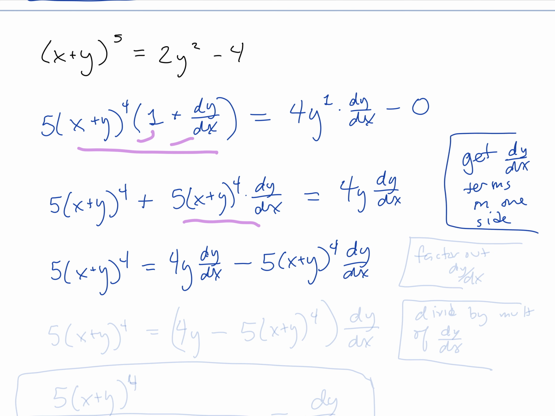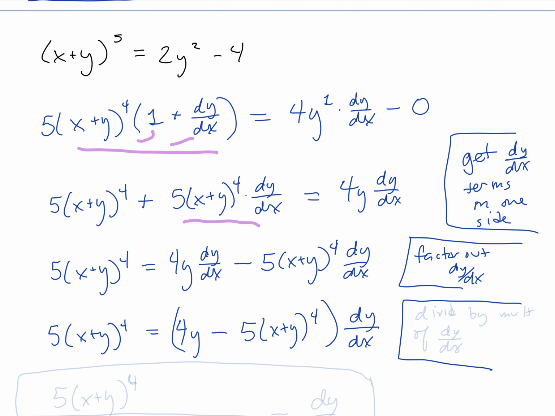And so now I'm going to factor out dy/dx on the right, and that will give me 5 times x plus y to the fourth power equals 4y is the first term that's multiplied by dy/dx, minus 5 times x plus y to the fourth power, and each of those terms are multiplied by dy/dx.